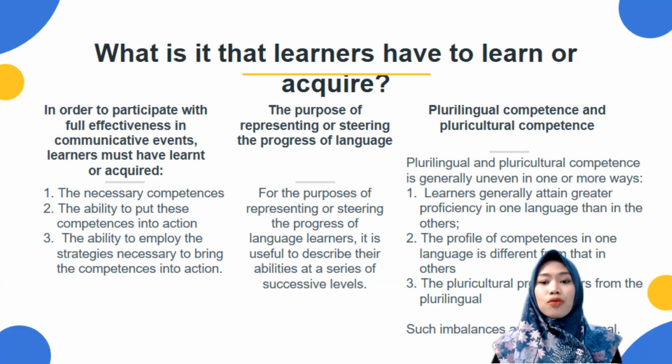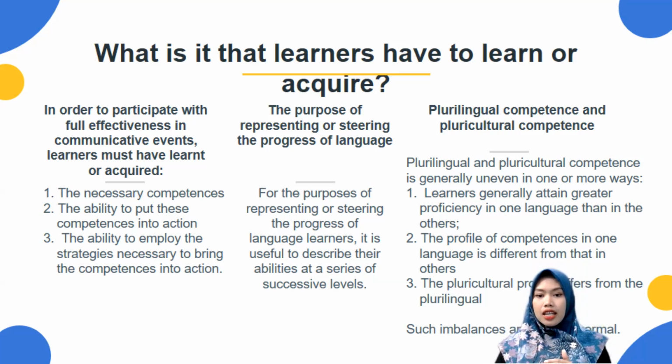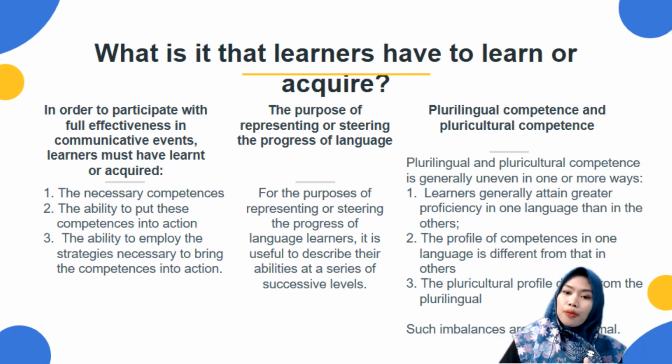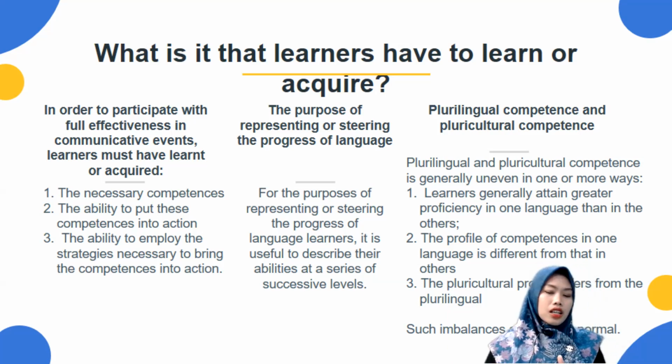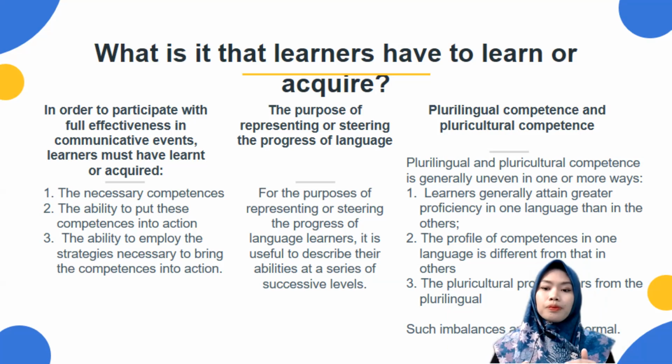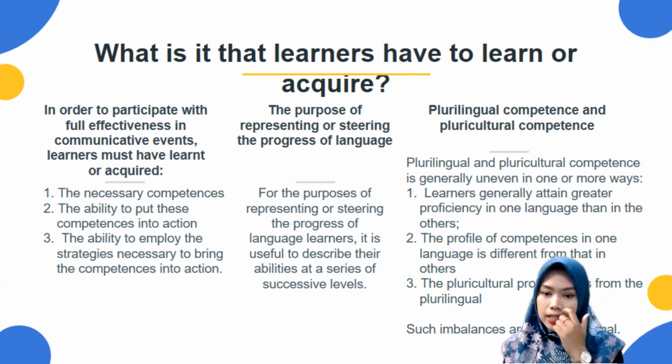And the second is that the profile of competences in one language is different from that in others. And then the pluricultural profile refers to the plurilingual one, such as the imbalance.